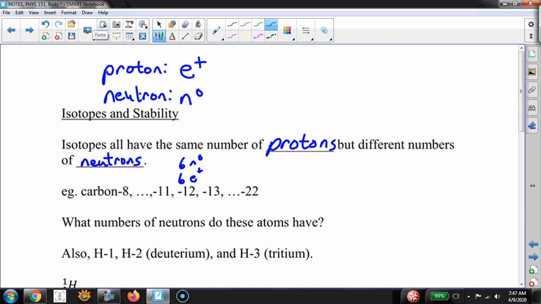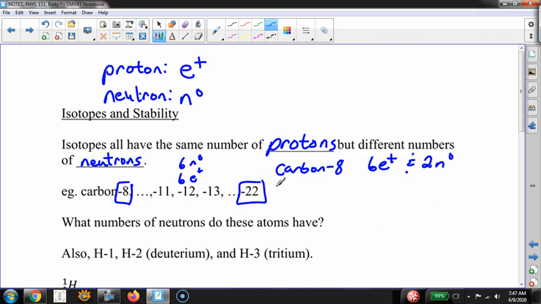So I have these other isotopes of carbon that have different numbers of neutrons. So for example, here, carbon-8, it still has 6 protons, and it has, well, 2 neutrons.